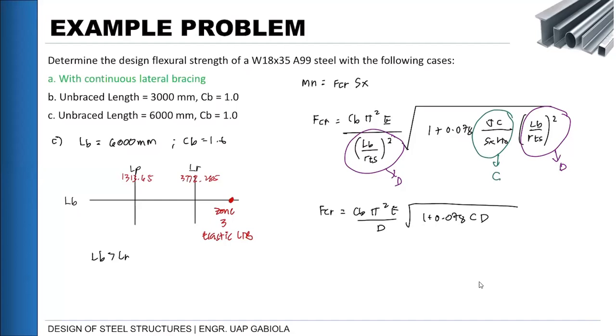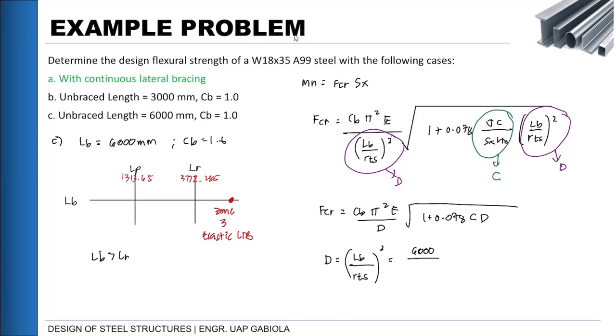Okay? So, kunin natin ngayon yung value ng D natin. So, ganun na lang din, no? So, let's go ahead dito. D natin is equals to LB all over RTS squared. So, LB natin ngayon is 6,000.